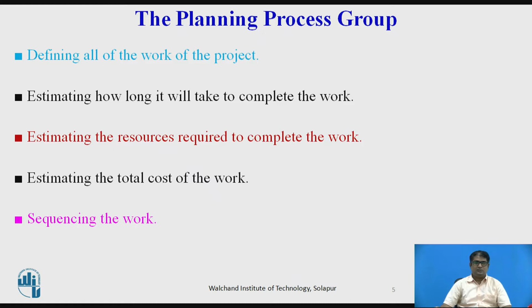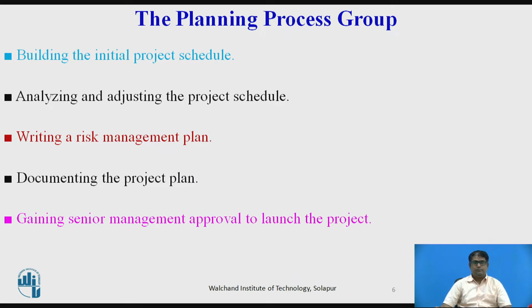These processes include defining all of the work of the project, estimating how long it will take to complete the work, estimating the resources required to complete the work, estimating the total cost of the work, sequencing the work, building the initial project schedule, analyzing and adjusting the project schedule, writing a risk management plan, documenting the project plan, and gaining senior management approval to launch the project.